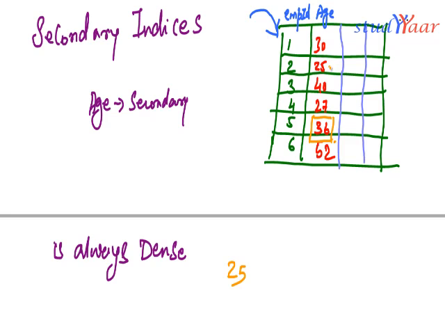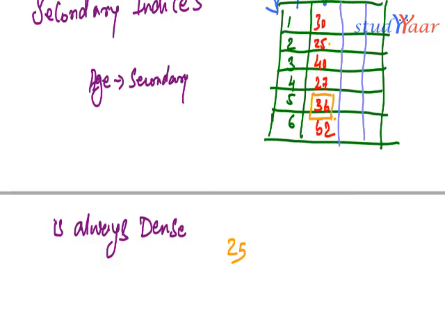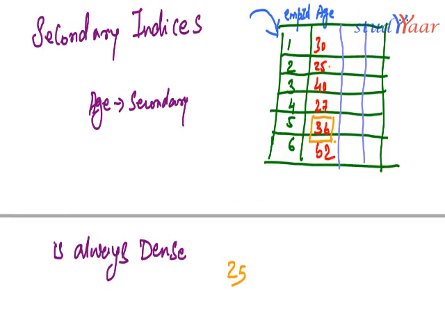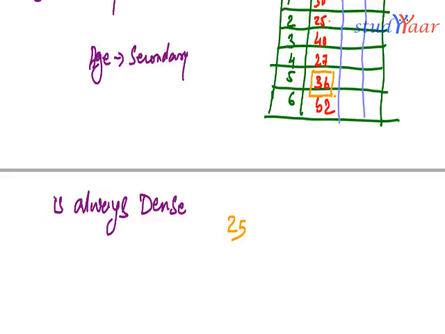Since it is not necessary that 36 would be down below, it could be up above also, because we have not arranged these records with respect to age. Hence, even after finding a nearer value, it is very difficult to find the correct record. Therefore, we always create a dense secondary index.